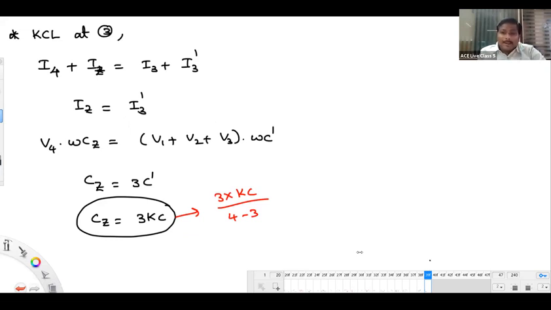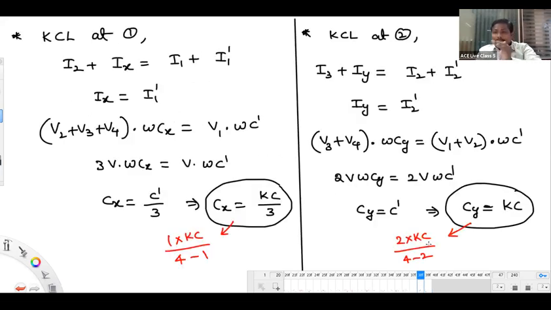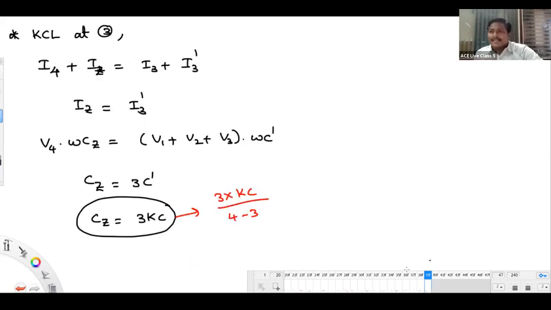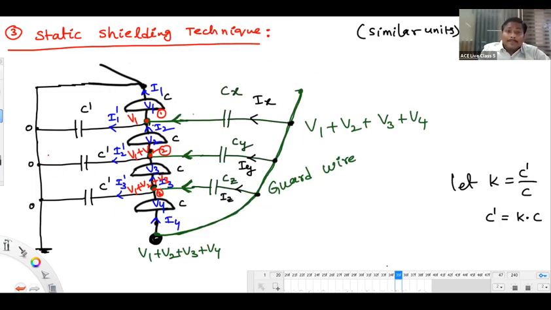That 4 will be the number of discs. What are the numbers 1, 2, 3 changing here? That will be the metal link number. For example, metal link 1 to guard wire Cx, metal link 2 to guard wire Cy, metal link 3 to guard wire Cz.